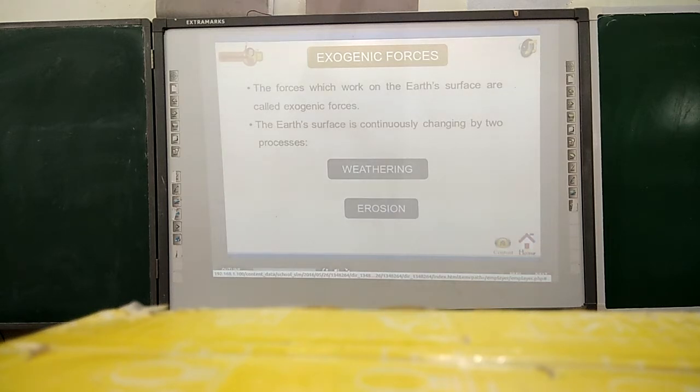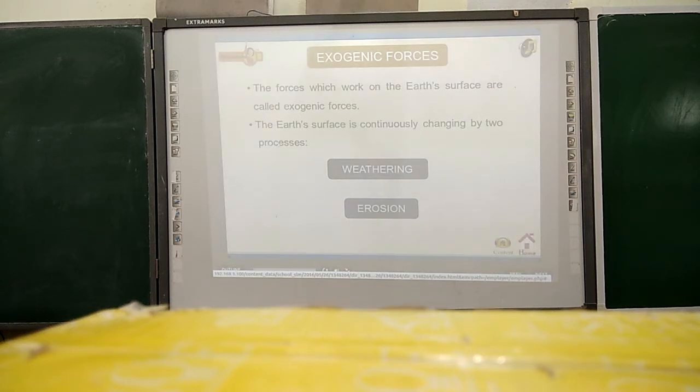One is weathering and second is erosion. What are these two? Weathering and erosion. These are the depositional features. Right? Let us define what is weathering and what is erosion.